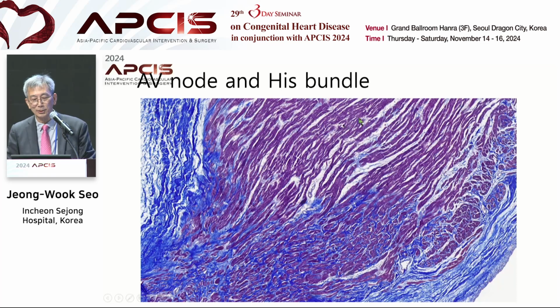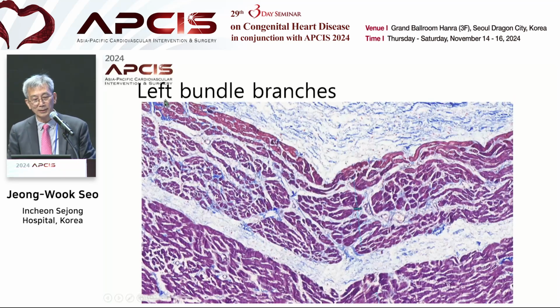These muscle tissues are sometimes joined together. That means if we pace part of the left bundle branches, it goes up and makes a collateral conduction and descends to cover a relatively wide area of the left bundle branch area. That's one thing. And also, this is a left bundle branch area.